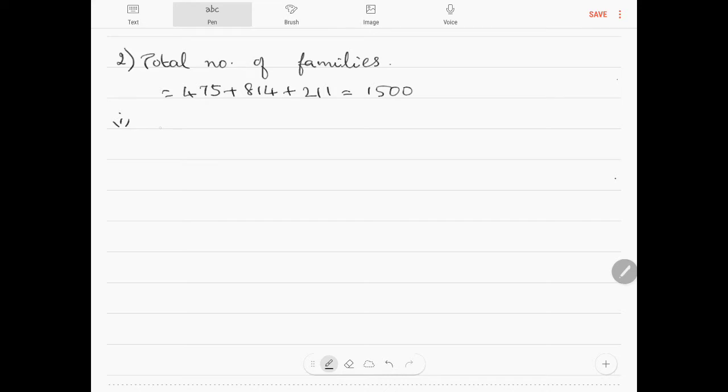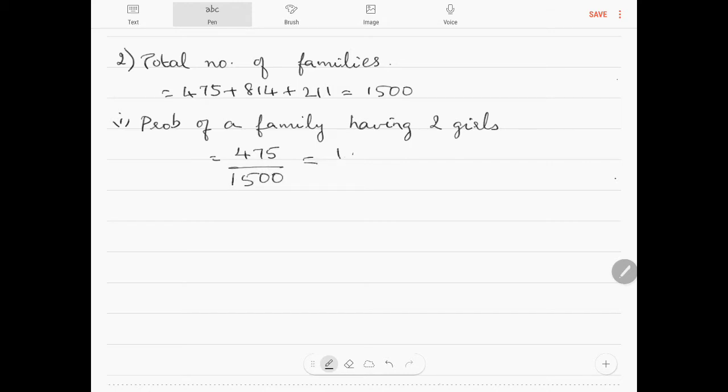Problem number 1, you have to find for 2 girls. So the probability of a family having 2 girls is, given to be 475 in the table, divided by the total number of families. It's equal to 19 by 60, which is the answer.